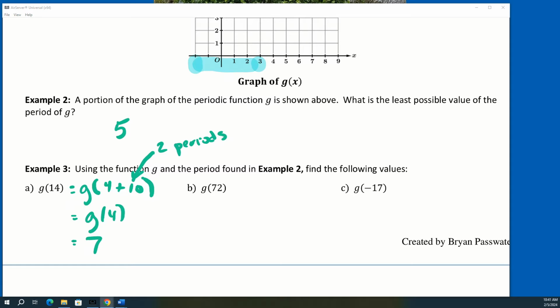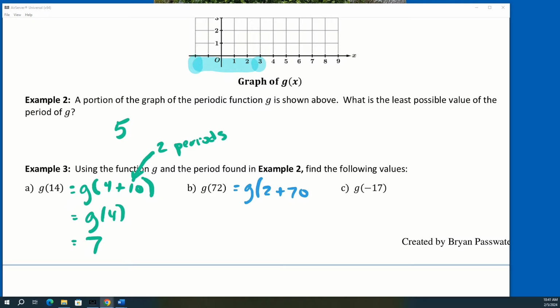Now, if that's still confusing to you, it should be. Don't worry. We're going to do a couple more with the graph, and then we're going to do some more with the table. You're going to be okay. Same thing. We want to take a number that we can see on that number line, add a multiple of 5 to it, and have it be 72. 2 plus 70.